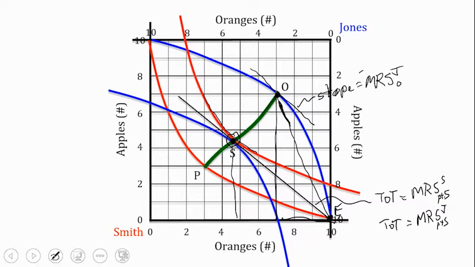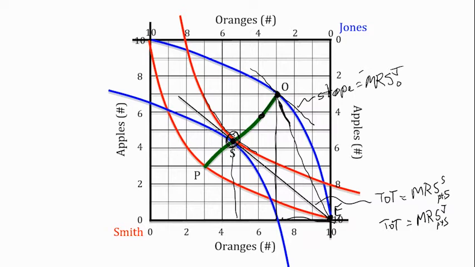Okay, but if we moved over to here, the same situation like at O is likely to occur. In this modeling, it's quite likely that there will be only one point S, which will satisfy both of these conditions simultaneously, and thus enables us to identify a unique outcome in the lens between Smith and Jones in their trading options.